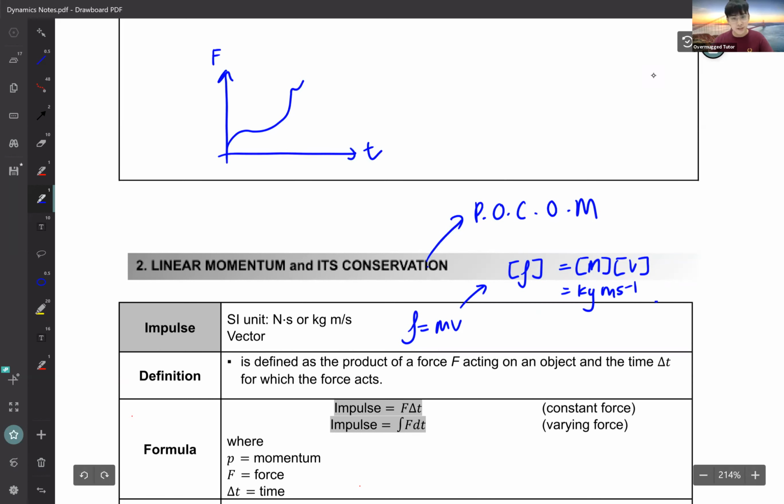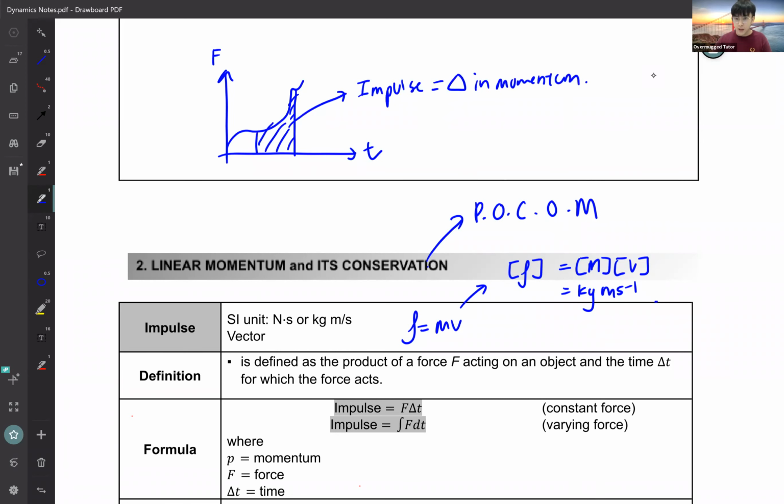For example, look at this: the area under this graph represents the impulse, which is also the change in momentum. From here, I hope you can see that the units of impulse are force times time, so newton seconds. That is actually the unit of impulse, which is also a valid unit for momentum.